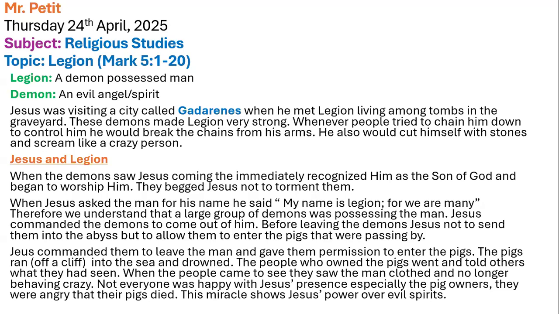The chains, very good. What is the name of an evil spirit? Demon. What is a place of outer darkness? The abyss. Another word for insane.